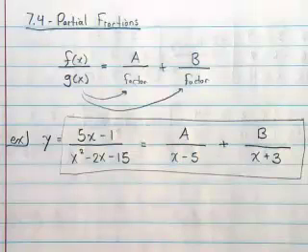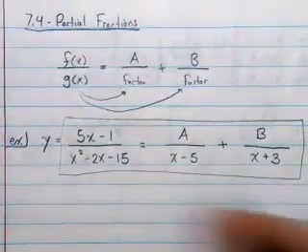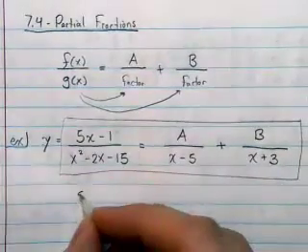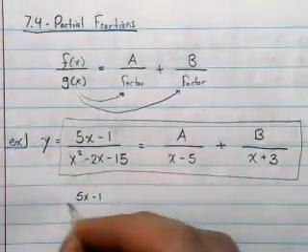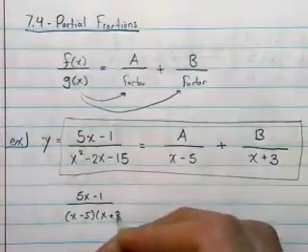If we multiply through by x squared minus 2x minus 15, wouldn't that cancel all the denominators off? It would leave you with some things you would have to multiply in some of the numerators, but it would cancel out all the denominators at the same time. So, if it's easier, why don't I write it like this: x minus 5, x plus 3.